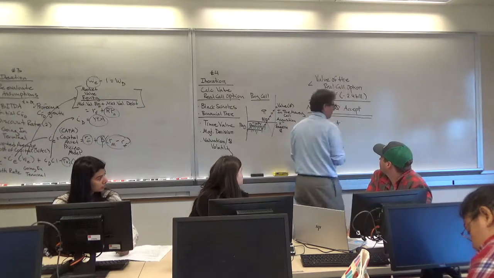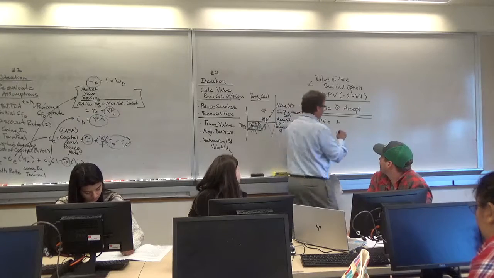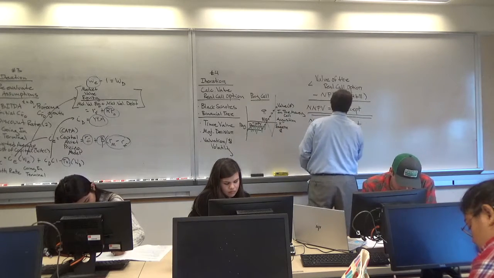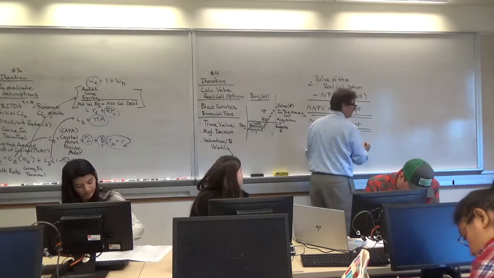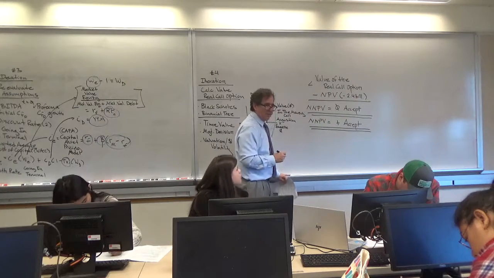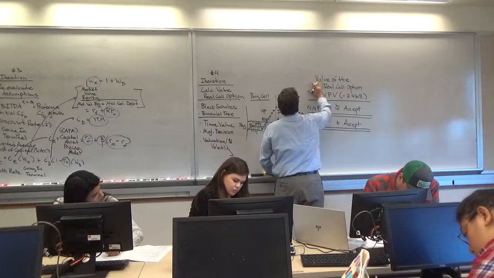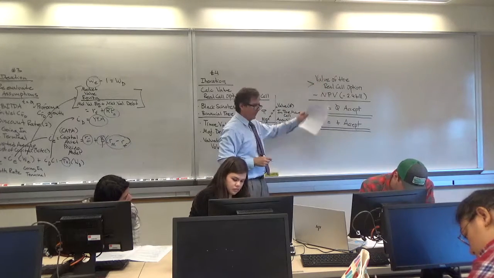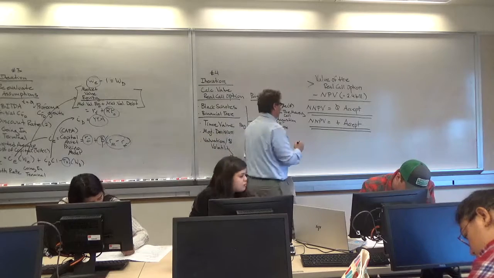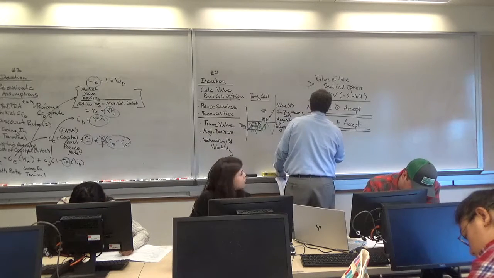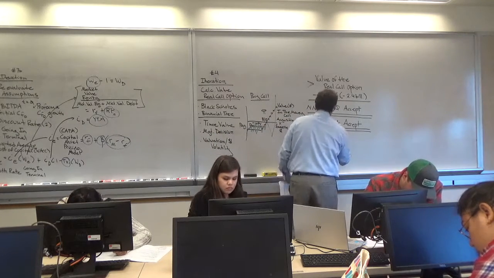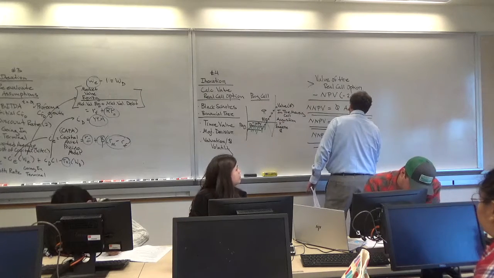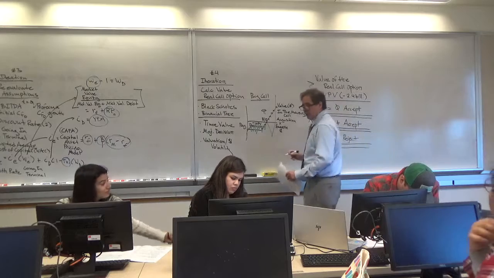If it's positive, do you accept or reject? And if the value of the real call option is less than the negative net present value, then what's your net present value? Negative. And you accept or reject? That's it. That's all you got.